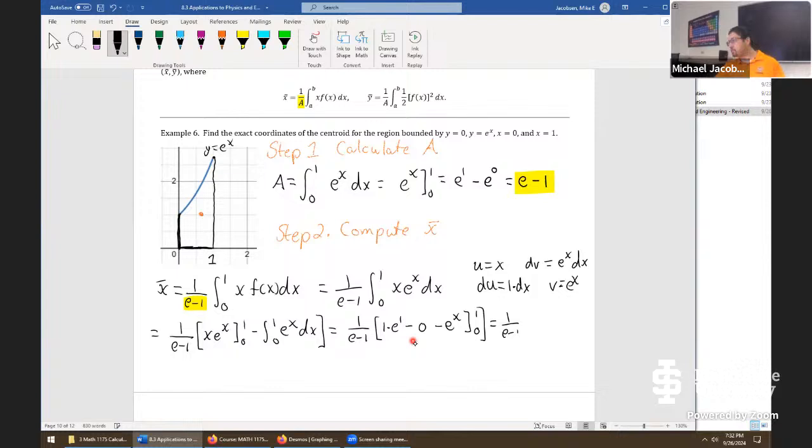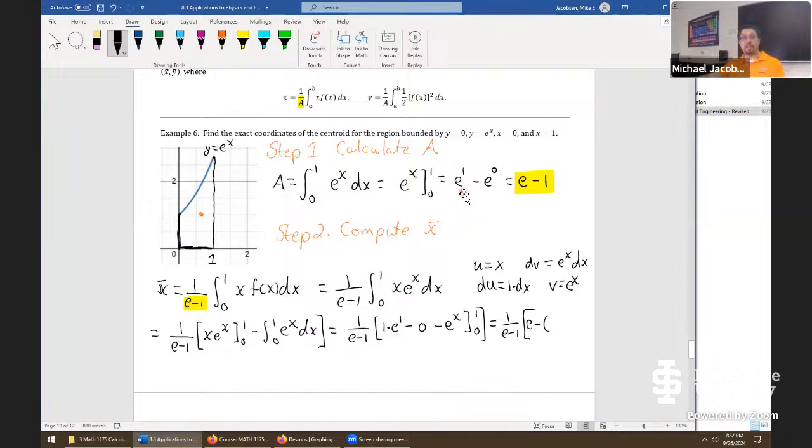1 over e minus 1 multiplies, from here we just have e, minus, I need another parenthesis on this one. I probably should have kept my bracket for clarity. There's the bracket coming back in. So for this negative sign, I put a parenthesis out front so I don't have weird double negative issues. We go e to the power 1 minus e to the power 0.